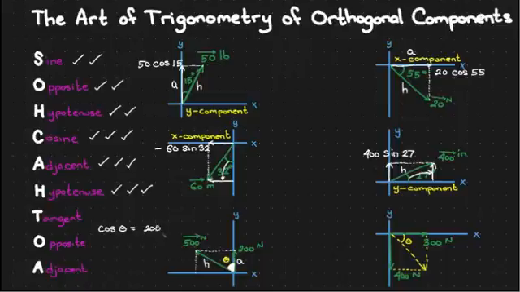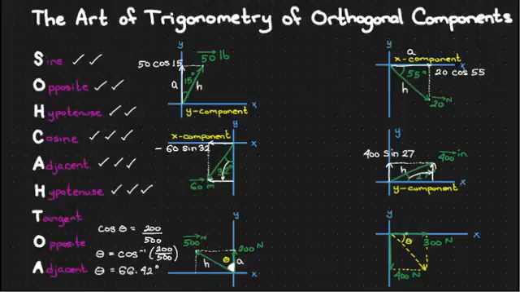Adjacent is 200, hypotenuse is 500. So therefore, if we're interested in theta, we should find the arc cosine of 200 over 500, and you want to plug this in your calculator. Theta is equal to 66.42 degrees.